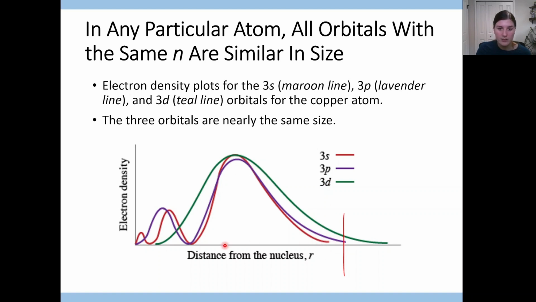They occupy almost the same distance from the nucleus, again, all with the same n value. The difference is in their shape, but if we're talking about just the distance from the nucleus to the edge of the orbital, that's about the same for the 3s shell, the 3p, and the 3d shell.